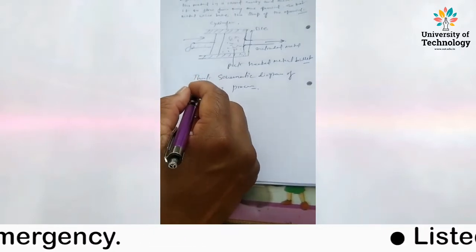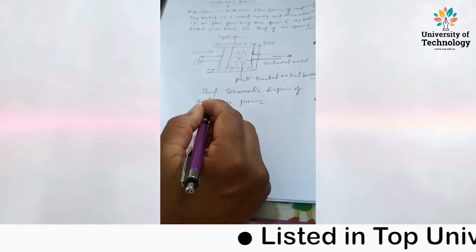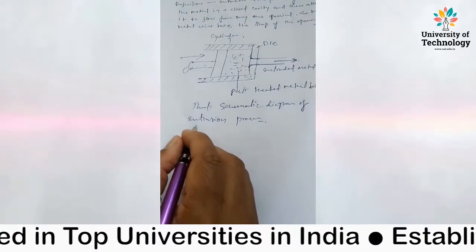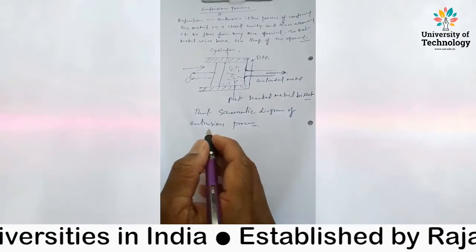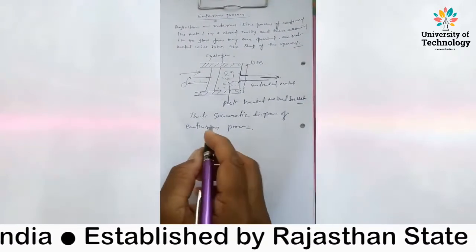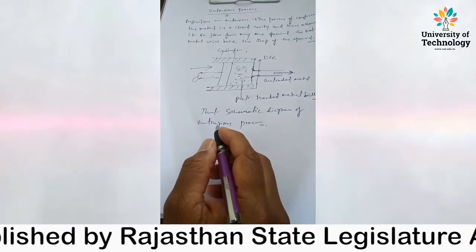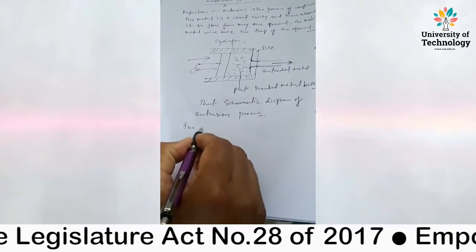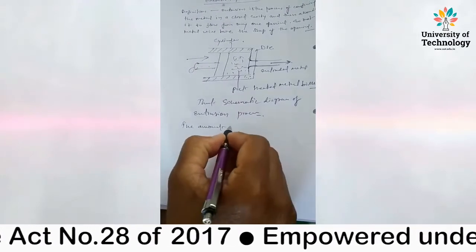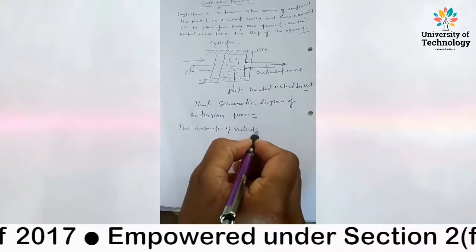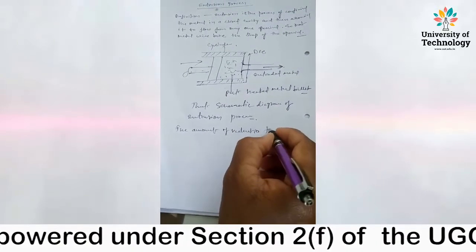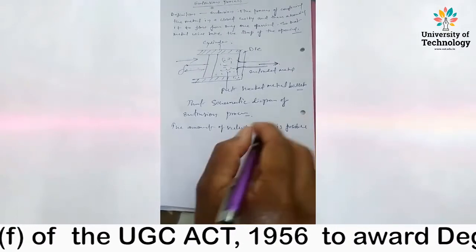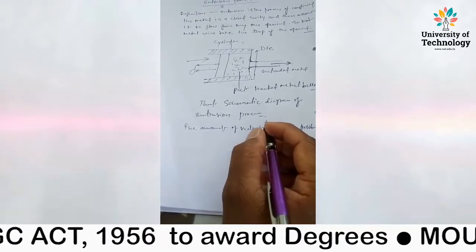The complexity of the parts that can be obtained by extrusion is more than that of rolling, because the die required is very simple and easier to make. Also, extrusion is a single pass process, unlike rolling. The amount of reduction that is possible in extrusion is large.